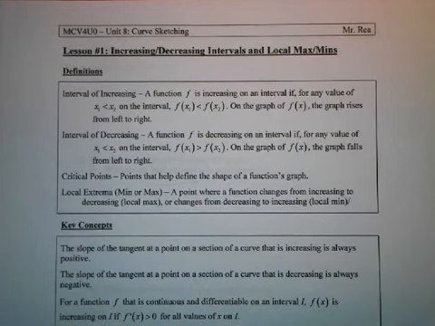This is pretty obvious. On a section of curve that is increasing, the slope of a tangent is always positive, and the slope is negative when the curve is decreasing. So we're going to use that in terms of the derivative of a function.